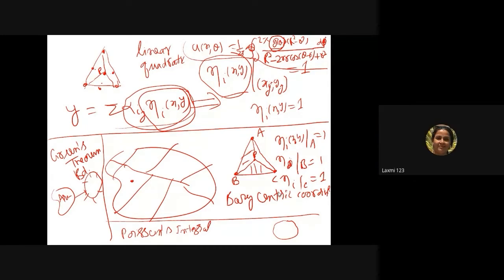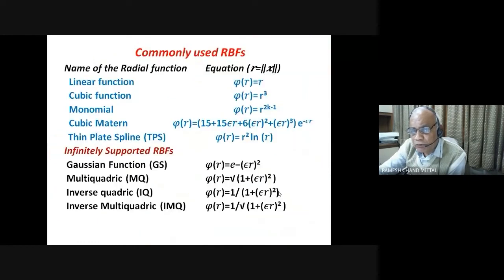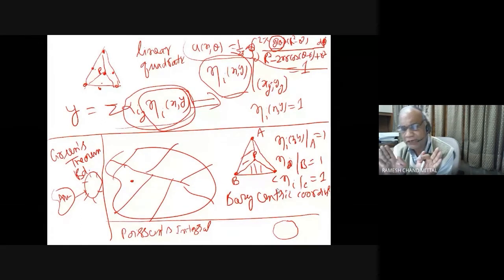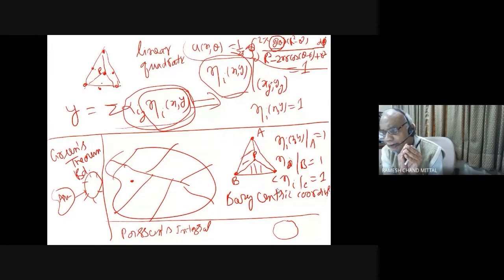Okay. So now I come to my radial basis function. The point which I would like to tell you again is that meshless methods will be much better than boundary element as well as finite element, because they don't have to create any mesh. We have to select certain points only on the boundary as well as in the interior.